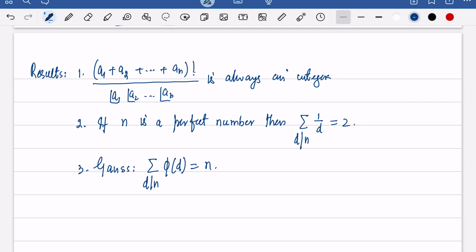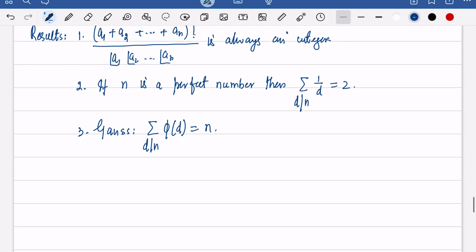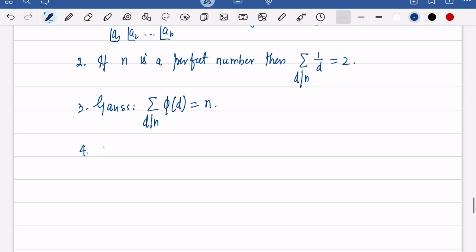That means when we evaluate the phi function on all the divisors of a positive integer n, the sum of all those phi d's is equal to the integer n. Similarly, another one is the summation over d dividing n of tau of d, where tau d means the number of divisors of d, power 3. This is equal to the summation over d dividing n of tau of d, whole square.